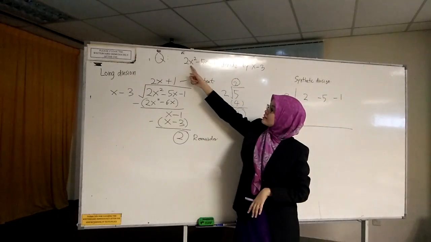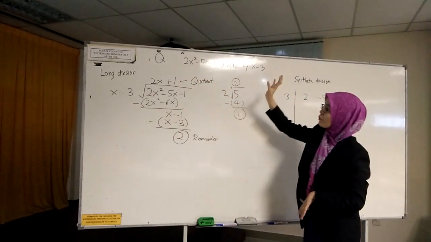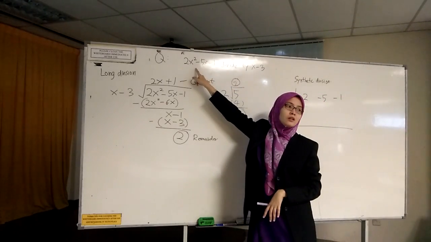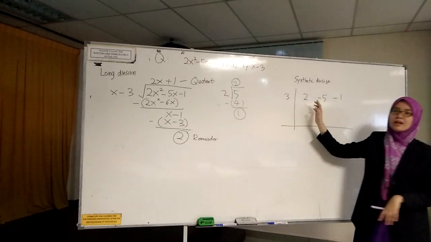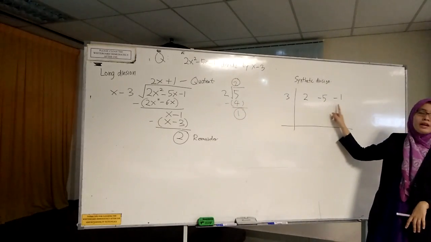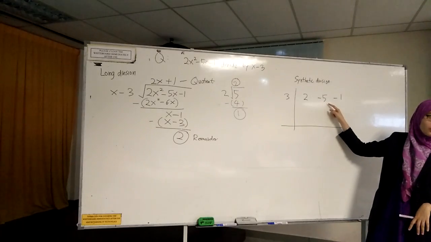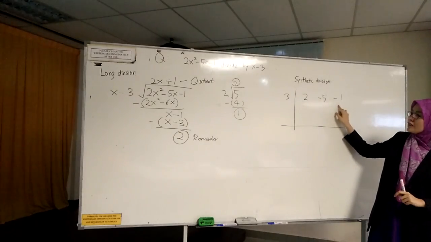Okay, now everything is there, x square, x, and constant. So for synthetic division, we don't need to write the variable. We just write the number. You see the number, I just write the number 2, -5, -1. Please put negative also. Don't forget about negative. Okay, so 2, -5, -1.